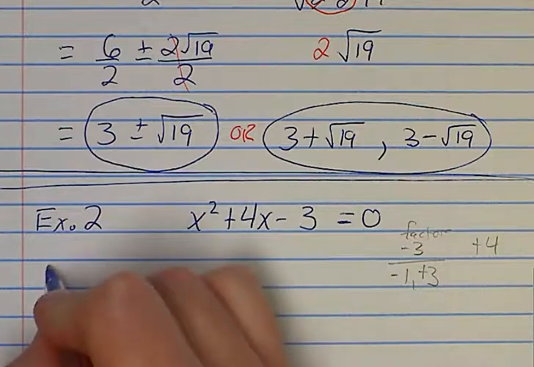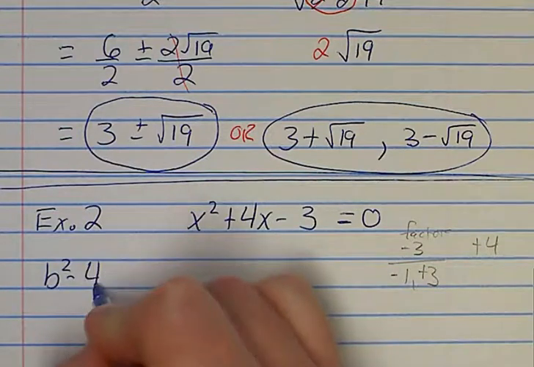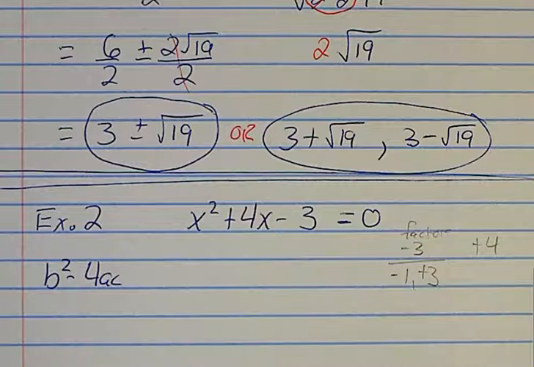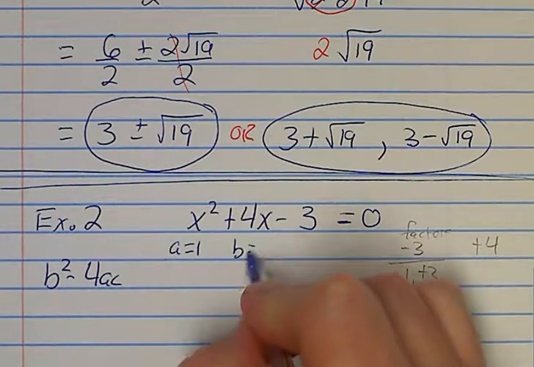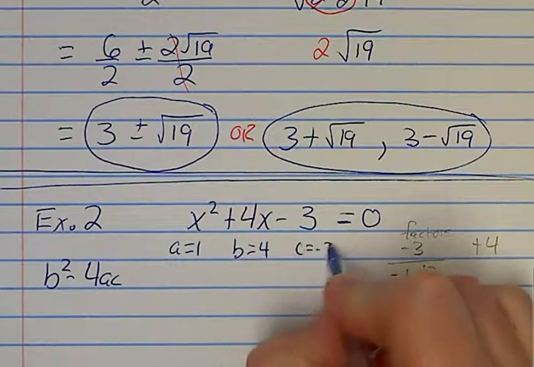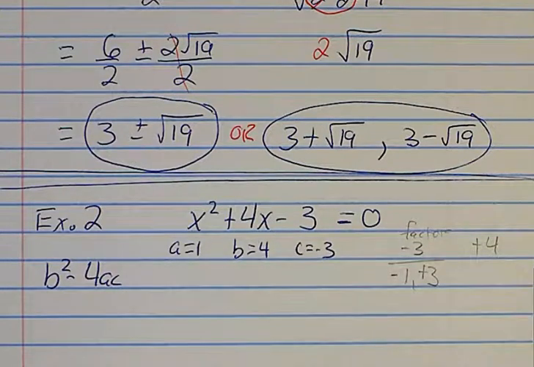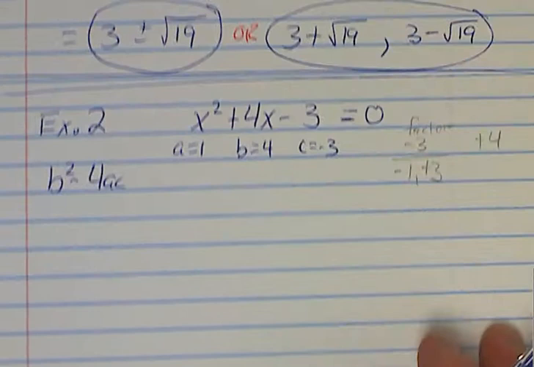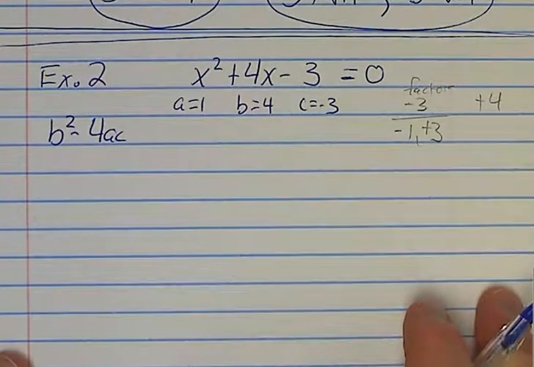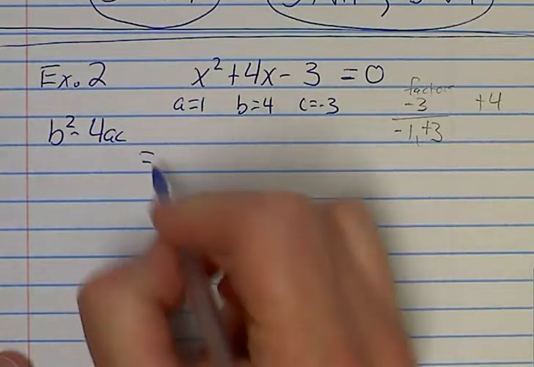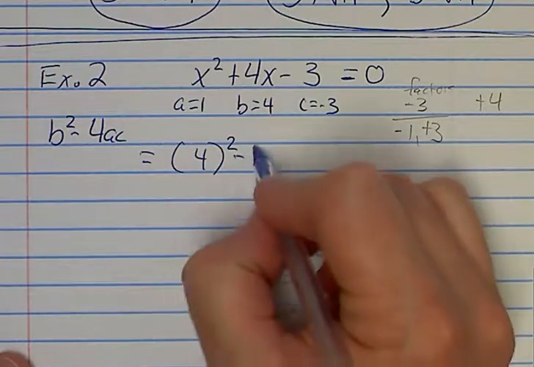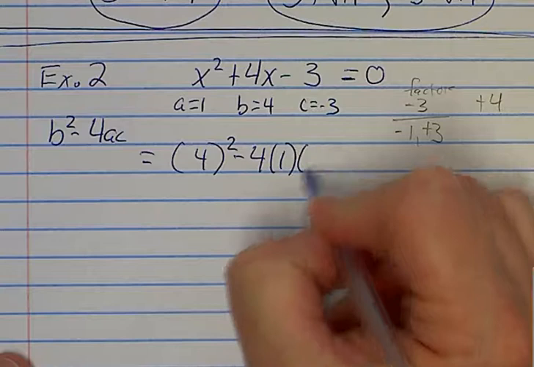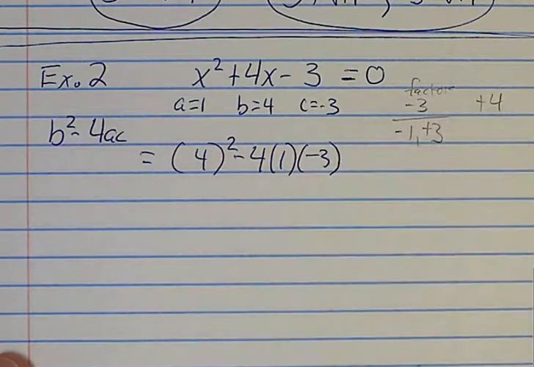But again, they ask you to find the discriminant first. So we need b squared minus 4ac. So the a is 1, the b is 4, and the c is negative 3. All right, so plugging that in. Again, put the numbers in parentheses. We've got 4 squared minus 4 times a times c.